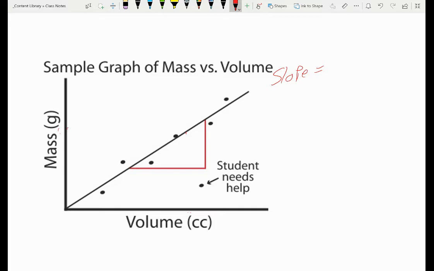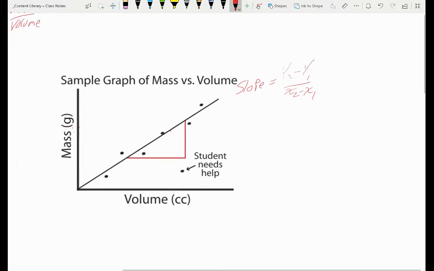Rise over run, right? And rise is which axis? The y, and run is the x. So if you're going to find a slope, then you're going to do y2 minus y1 divided by x2 minus x1. Does that look familiar, everybody? Right? That look familiar, Evan? Got it? All right, good.